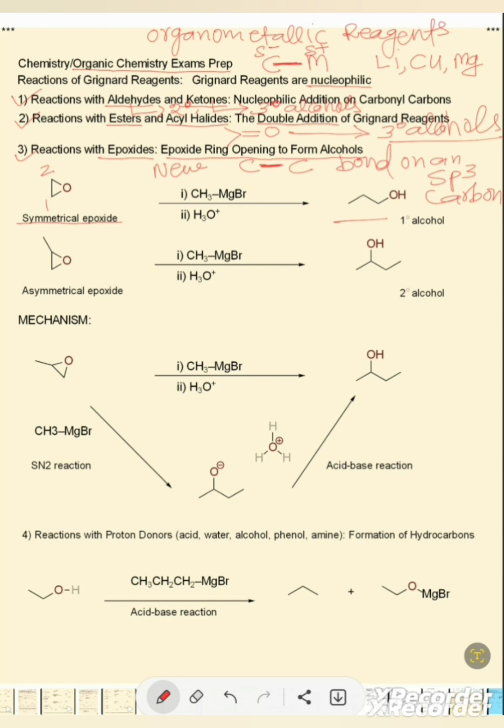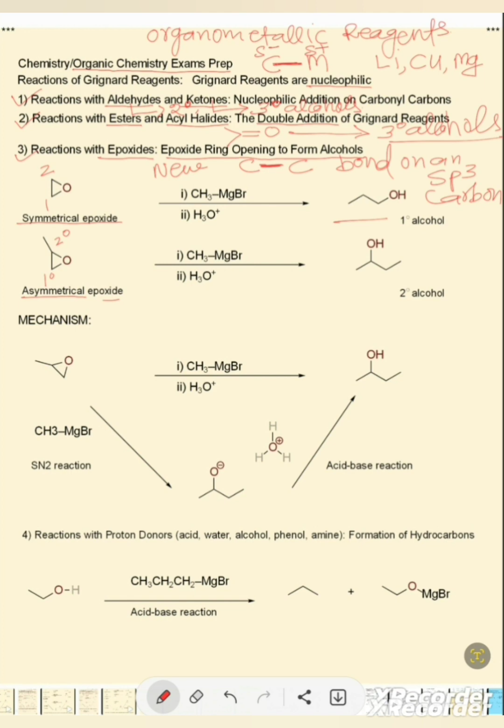In case of an asymmetrical epoxide, you are having here two choices. So this one is our primary carbon and this is our secondary carbon. So the primary carbon is considered a carbon that is connected to one carbon or no carbon, and secondary carbon is a carbon that is connected with two carbons.